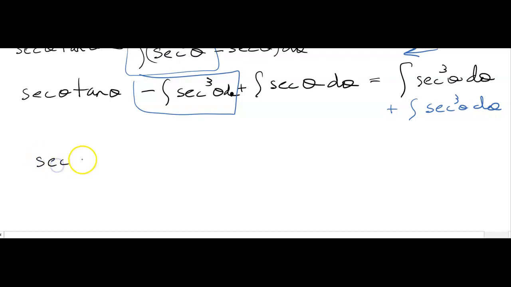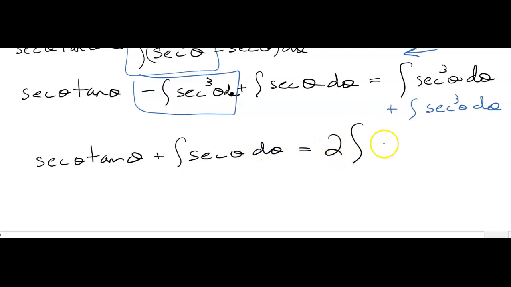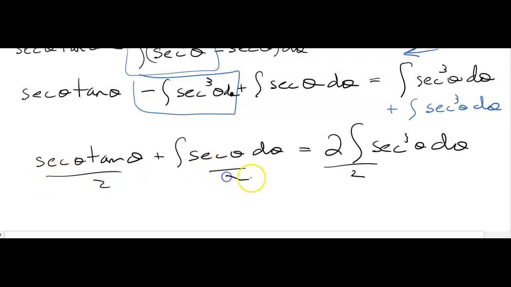So now I have secant theta tan theta plus integral of secant theta d theta equals two integrals of secant cubed. I can divide out my 2, and divide out my 2 everywhere, right?